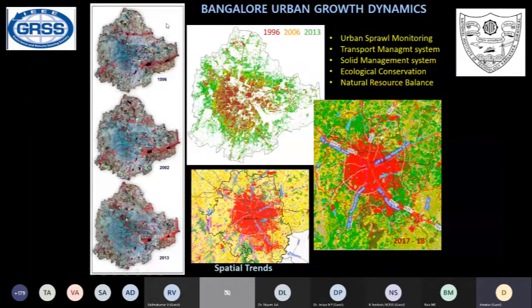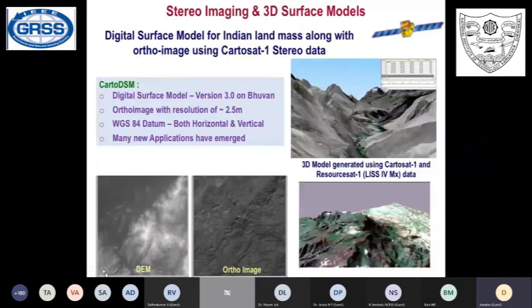Is it not necessary for us to adopt AI techniques so that the dynamics of growth of a typical urbanization patch like Bangalore can be addressed well? The time has come when AI techniques need to be used for better prediction modeling and better urbanization, so that we can address all these parameters effectively. That's the whole idea of such programs.